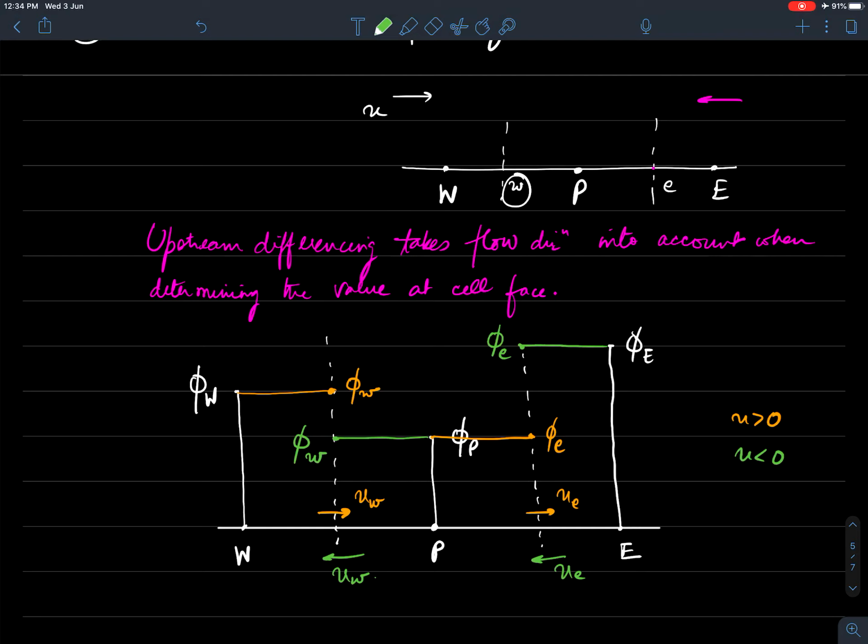Okay, so I'm going to stop here. In the next lecture, I will provide some more ideas about deficiency of the upwind difference scheme, and then we'll move on to more robust schemes, and from there on to discussing how we develop the transient form of discretization equations, or the form of equations for transient systems.